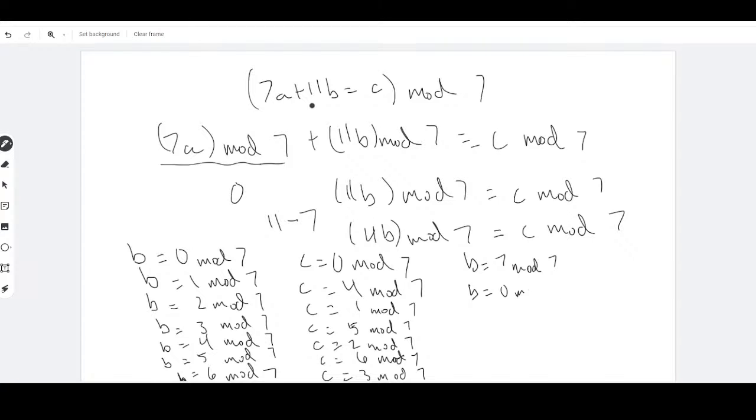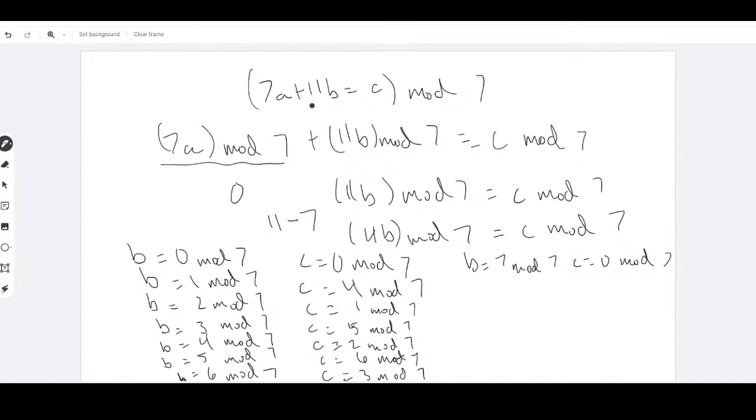So we don't have to talk about B is 7 mod 7, because we've already talked about it when we talked about B is 0 mod 7. And you can also see that if we apply B equal to 7 into the equation, you get the same thing as before with C. C is equal to 0 mod 7, because if we put in 7 as B, we'd have 28 on the left side, and 28 mod 7 is just 0, right?